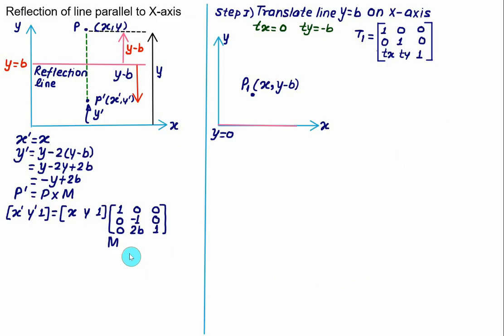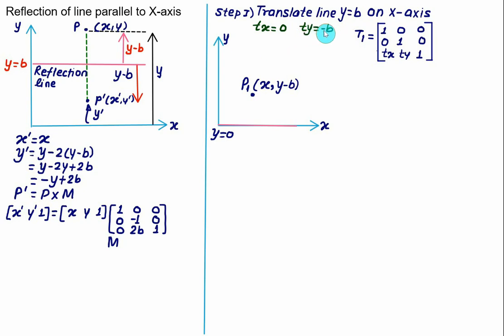Now the result we have obtained for a reflection about a line parallel to the x-axis with equation y is equal to b can be obtained using 3 different steps. First, you have to translate the given line onto the x-axis. The equation of the line is y is equal to b, so to translate this reflection line onto the x-axis, we need to shift the line by b units in a downward direction.